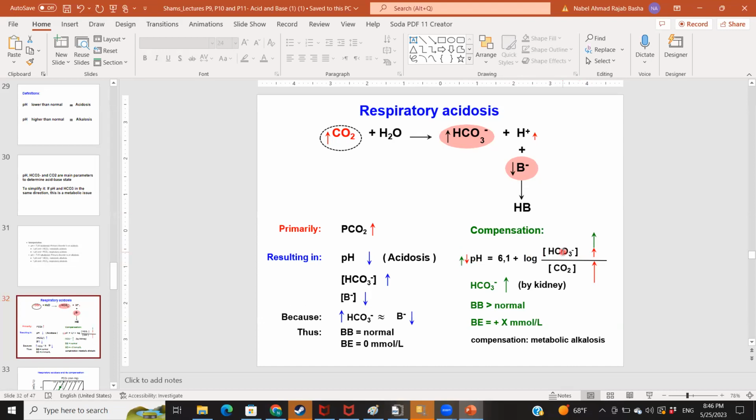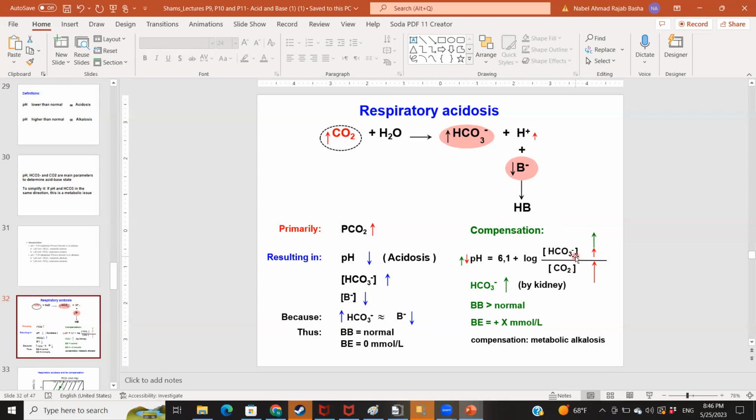So this is only partial compensation. This mechanism is not completely efficient, and it will be offset by the increase in CO2. The kidney will come into play and try to maintain more bicarbonate, more than the buffer mechanism that we already have.